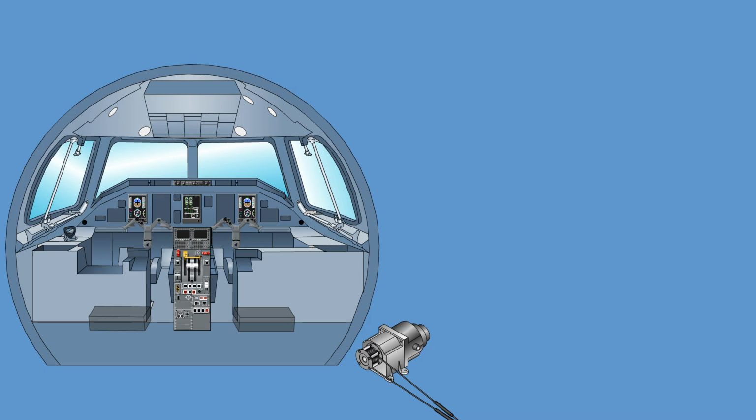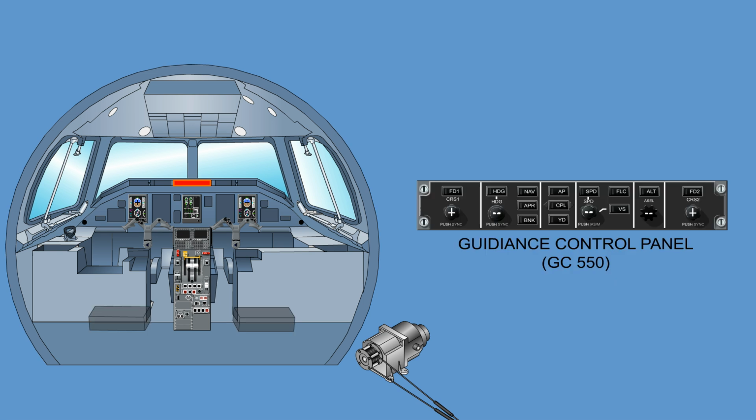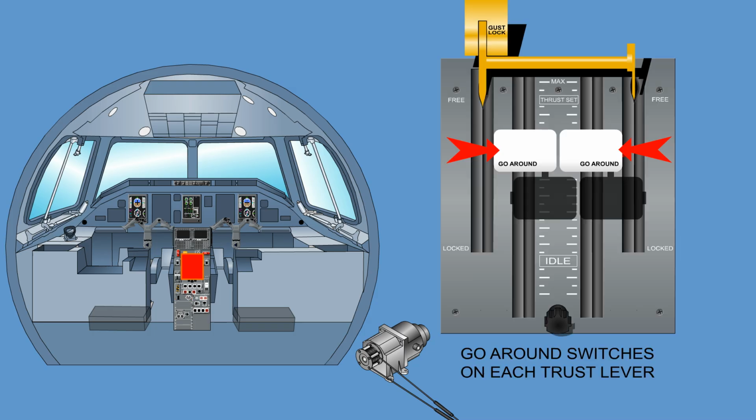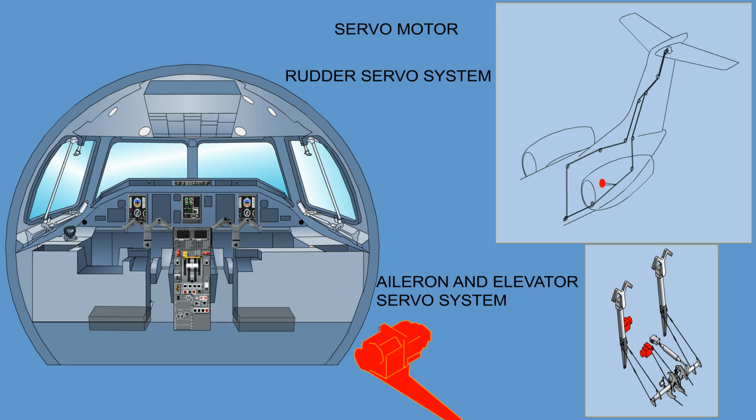The Autoflight system consists of the following main components: the 2 integrated computers located under the cockpit floor, a flight guidance controller, which is located at the glare shield, a pitch and turn controller located at the control pedestal, 2 go-around switches, 1 located on each thrust lever, 2 quick disconnect buttons, 1 on each control wheel, 2 touch control steering buttons also located on the control wheels, and 3 servo motors to act on the aileron, elevator, and the rudder control surfaces.